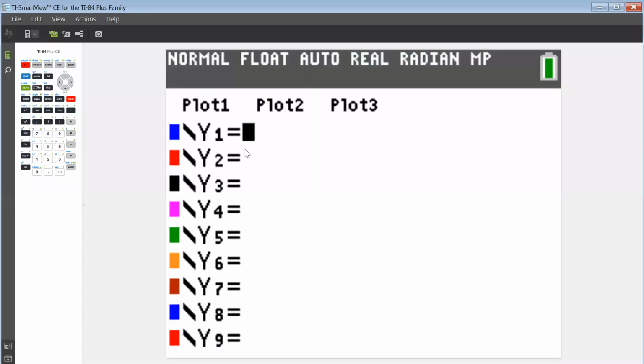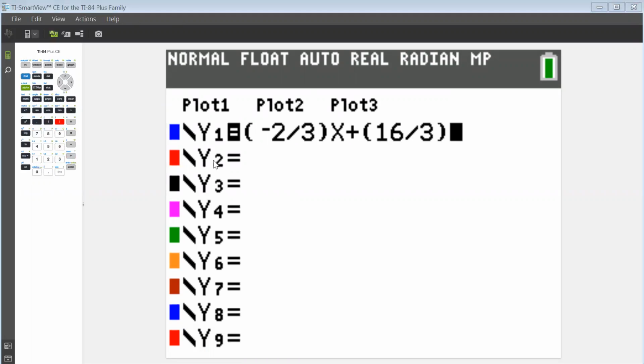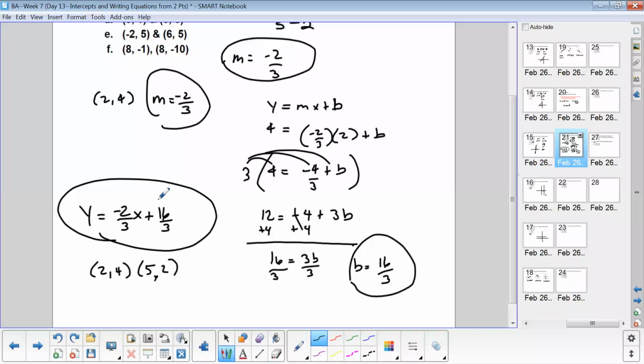So I'm going to go to y equals, and I'm going to type in negative 2/3 x plus 16/3 as my y-intercept, based on what we found. And I'm looking for the points 2, 4, and 5, 2.